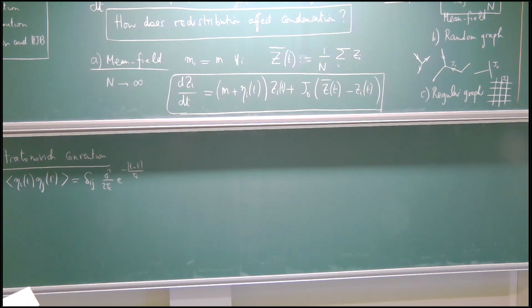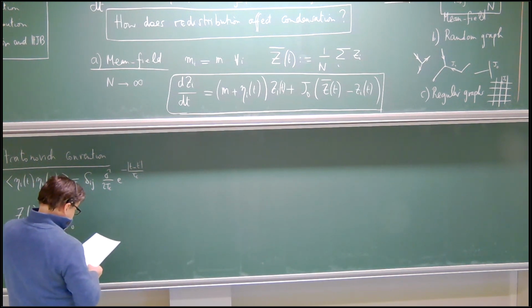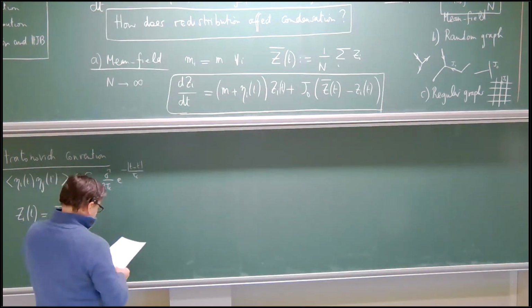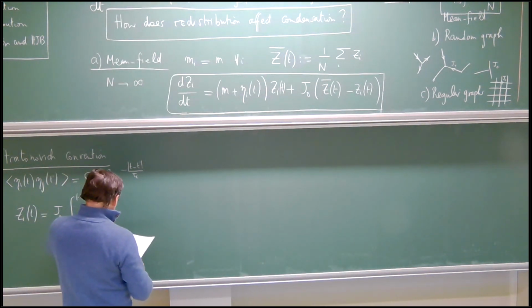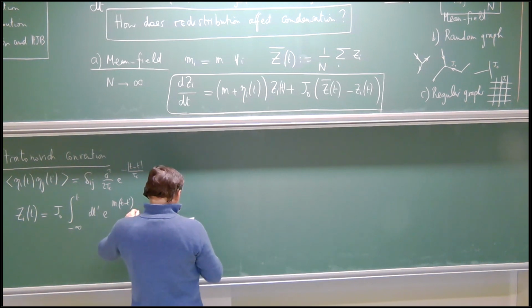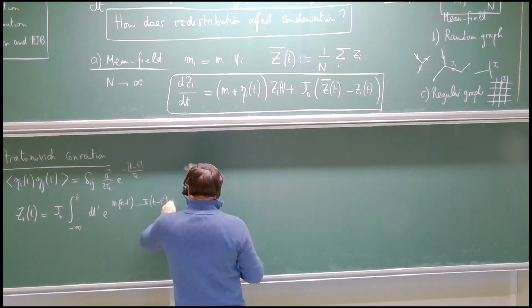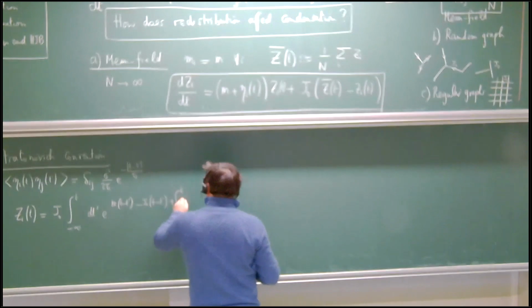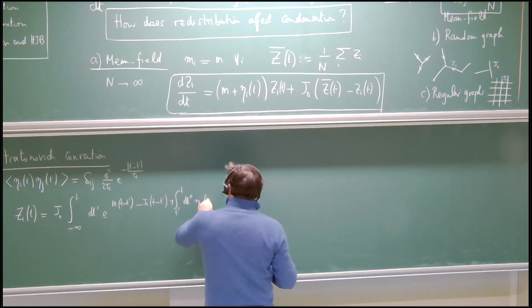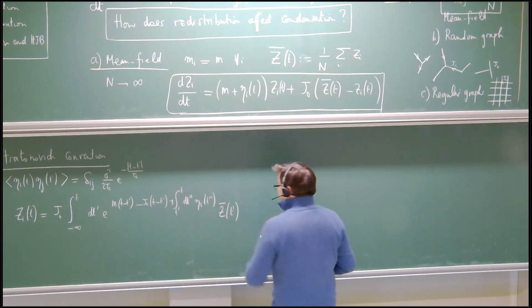So, for example, this equation here is a linear equation for all z_i given z bar of t. And so the explicit solution is z_i of t equals J0 integral from minus infinity to t, dt prime, exponential of m times (t minus t prime) minus J0 times (t minus t prime) plus integral from t prime to t, dt double prime eta_i of t double prime, everything acting on z bar of t prime.